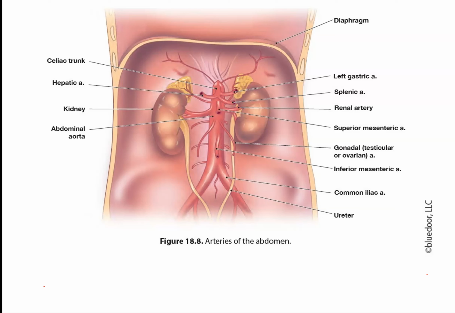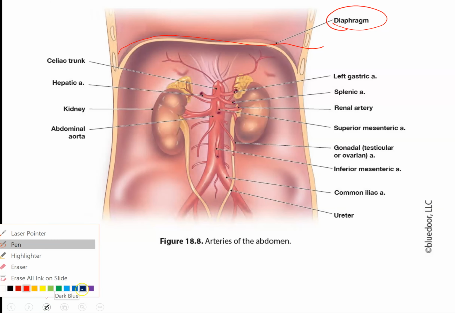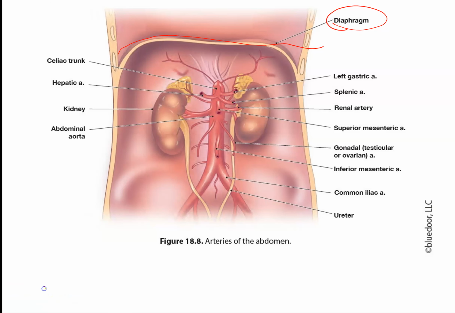Again, orient yourself. Here we've learned the thoracic arteries already. So there's that diaphragm where we left off earlier when we were talking about the descending thoracic aorta. Now we're going to take a look at what's going on inside the abdominal cavity once you go through the diaphragm.